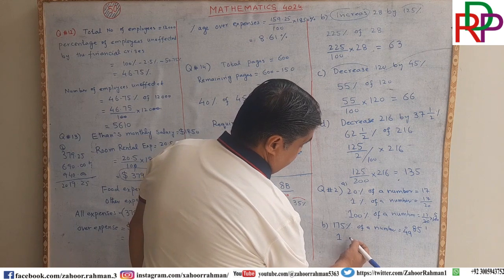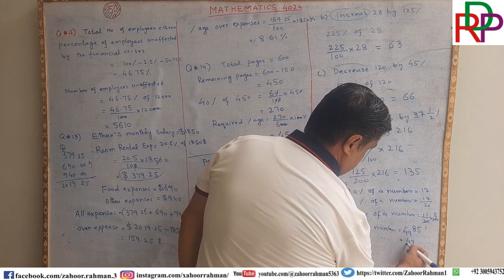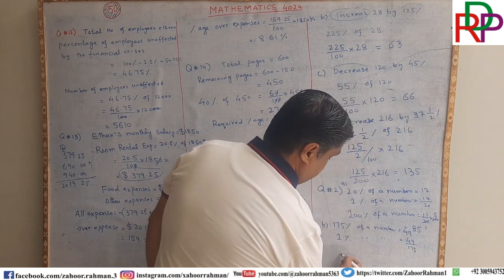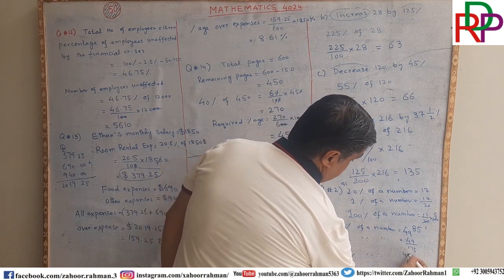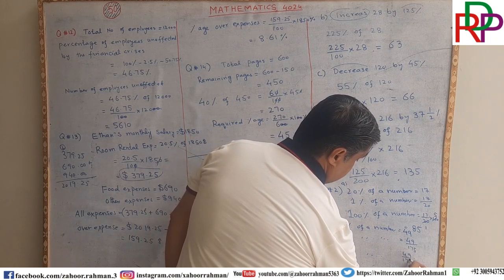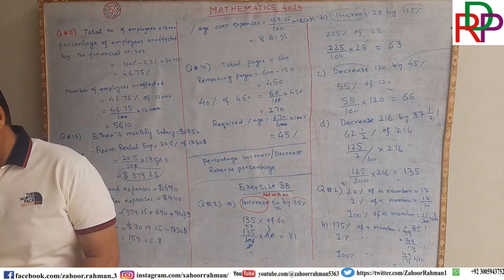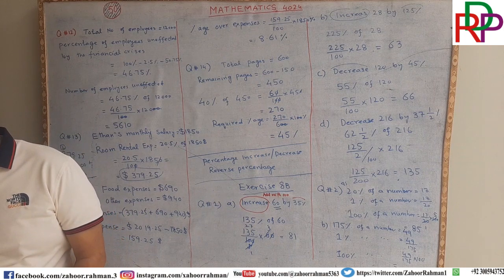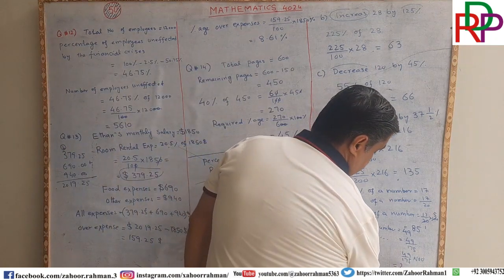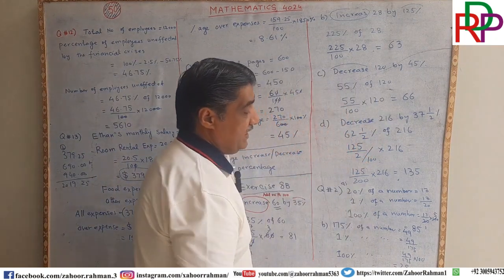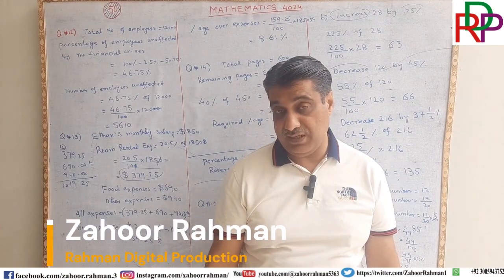First you have to find 1% of the number, which is 49 divided by 175, and then you have to find 100% of the number, which is 49 divided by 175 multiplied by 100. If you have a calculator, use it. If not, it can be easily found that it is 28. Without a calculator you can also find this value. Let me erase the whiteboard and then we will do the remaining part of this question.